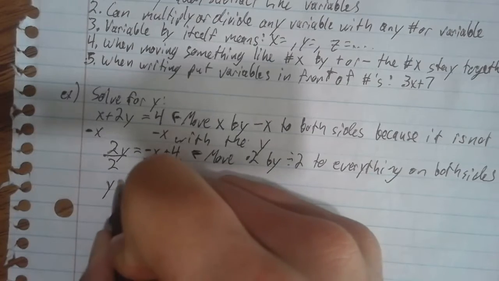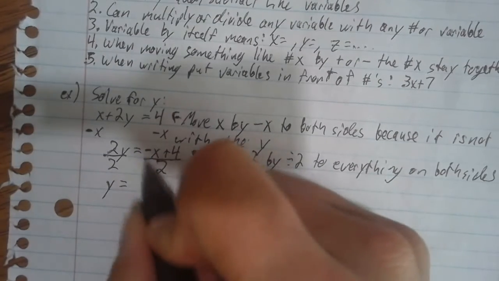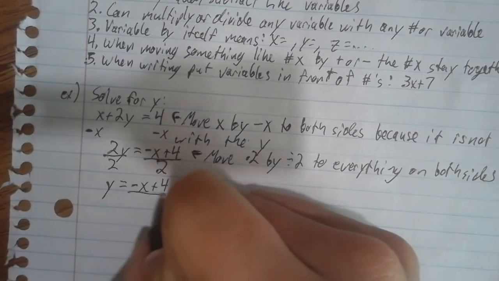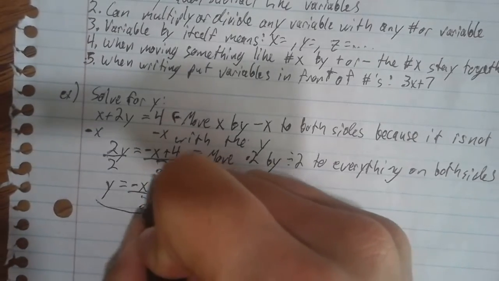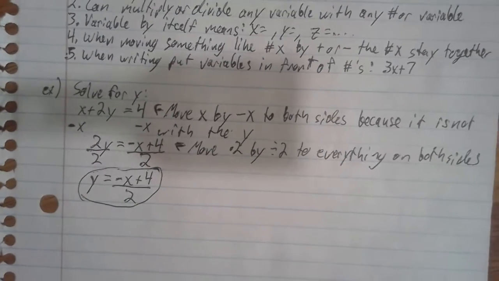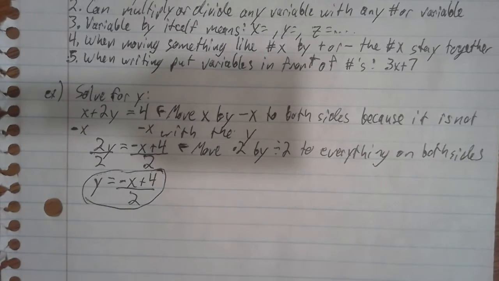So that leaves us with y equals, and then we can't simplify that, so we just leave it as negative x plus 4 divided by 2. And that is the answer. And yes, I know that is weird. It is way different than anything you've seen before, but it's okay. We will get through this.